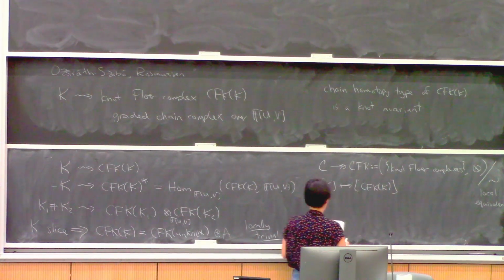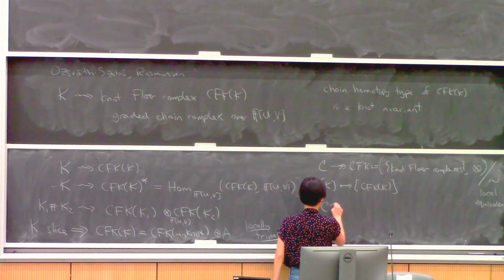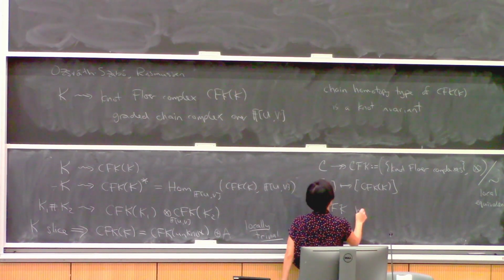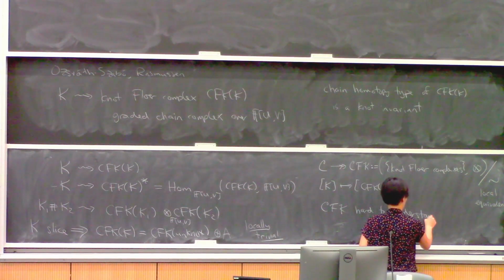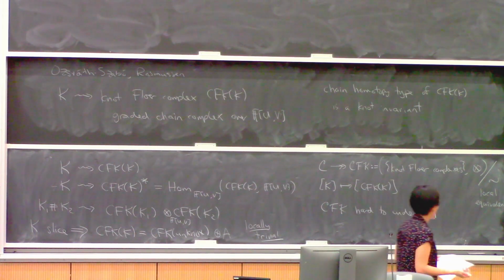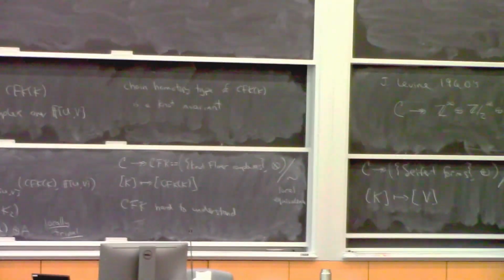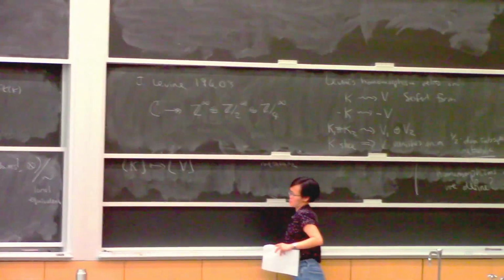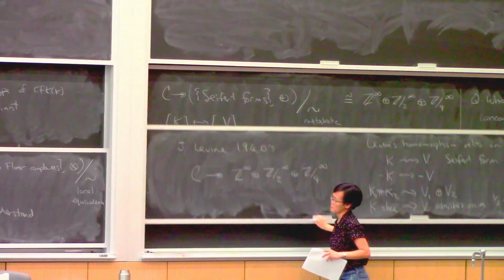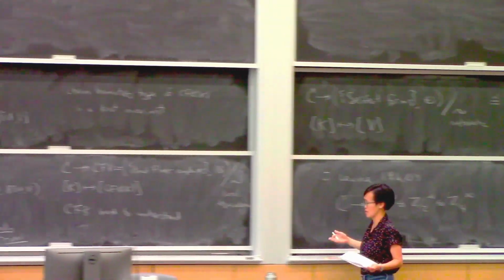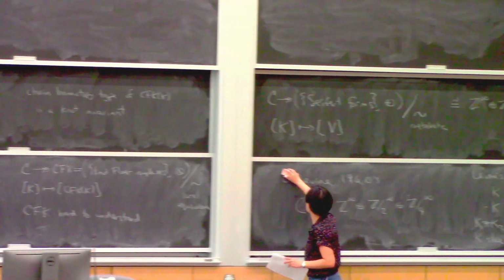So this group CFK is hard to understand. However, we can then look at some homomorphisms from that group to other simpler groups, and that can help us study the knot concordance group.